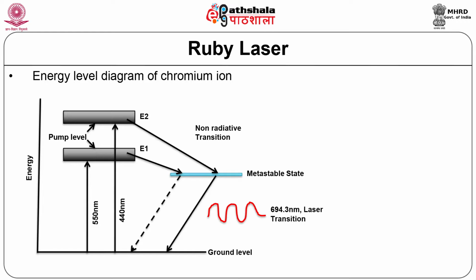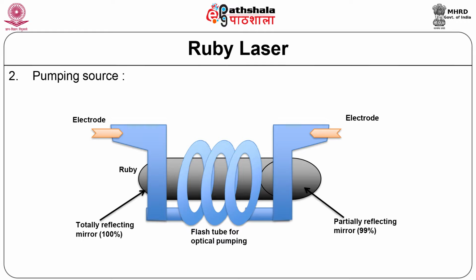So, let us see which pumping source is used for this purpose. Ruby laser uses an optical pumping source. Light emitted by a xenon flash lamp is absorbed by chromium ions at ground level G. Ruby has very broad and powerful absorption bands in the visual spectrum at 400 and 550 nanometer, and a very long fluorescence lifetime of 3 milliseconds.